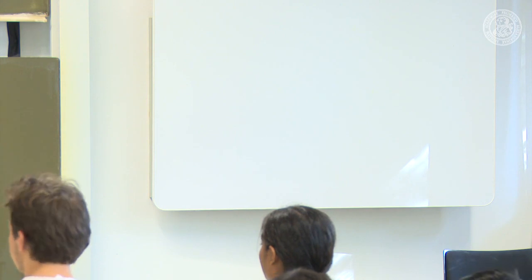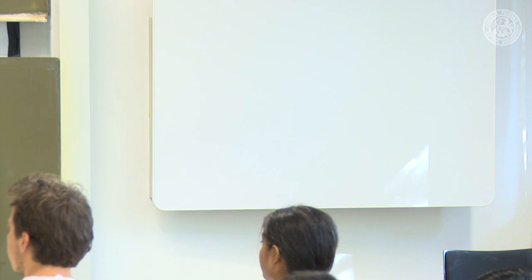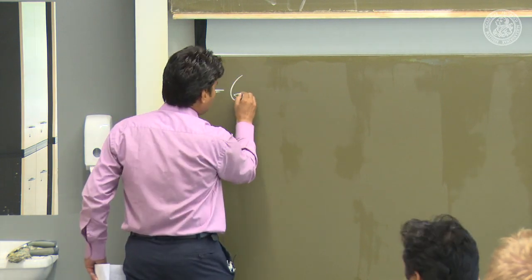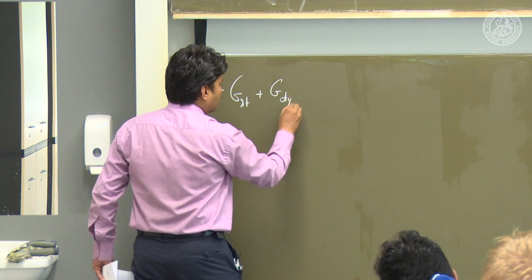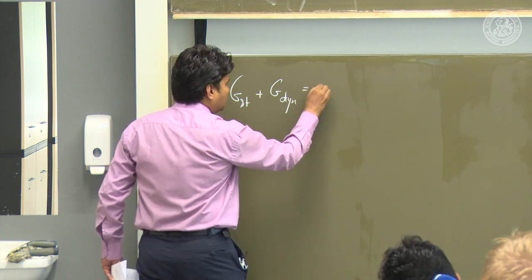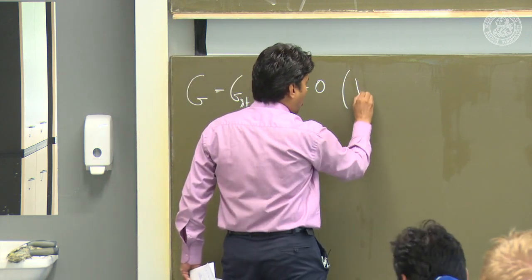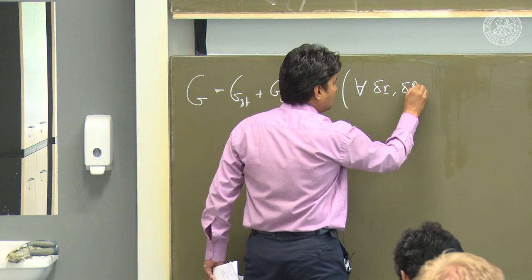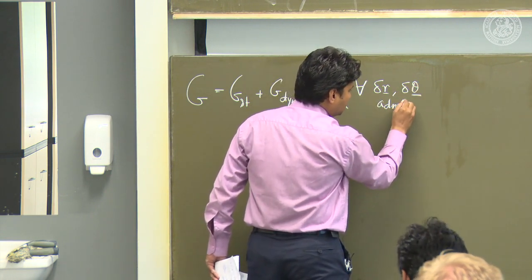So your G, when you had the strong form, you multiply with test function and then integrate, and then you set it equal to 0. So your G is equal to G static plus G dynamic, and that is equal to 0 for all admissible del r and del theta.